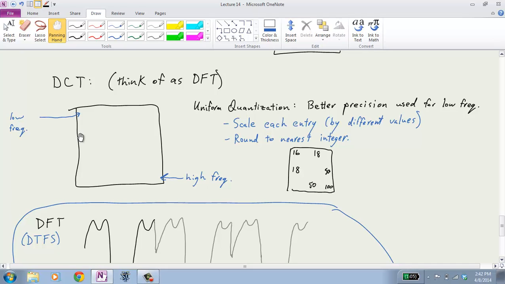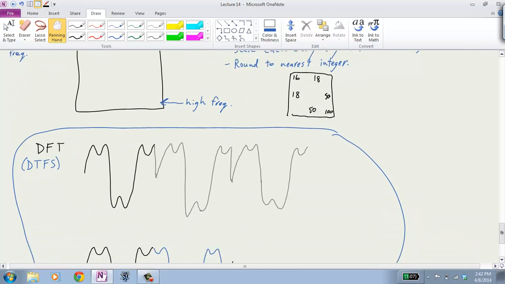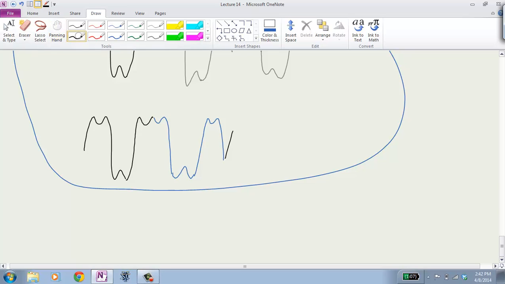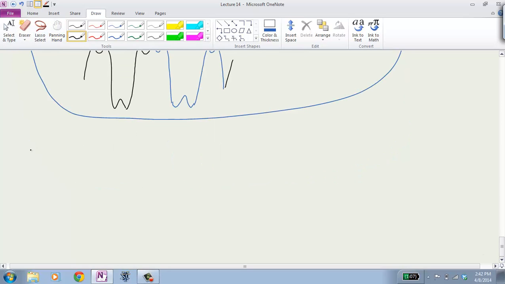So the last steps are to do lossless compression. Now we have a bunch of integers, and we just need to store these as bits, and we want to do it in a nice, efficient way, losslessly. So that is done through two steps. JPEG last steps, lossless.